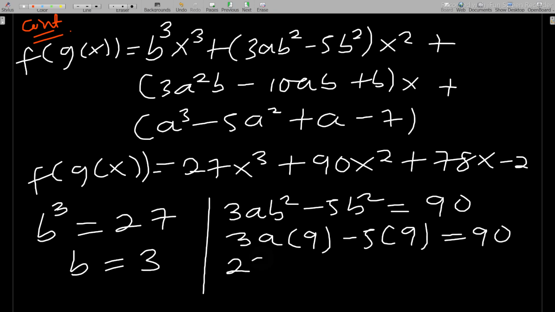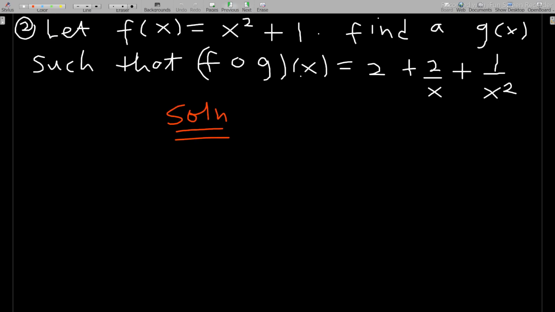So 3 times 9 I have 27a minus 45 is equal to 90. Now it means that I'll have 27a equal to 90 plus 45, and that will give me 135. And dividing through by 27, a will be equal to 5.